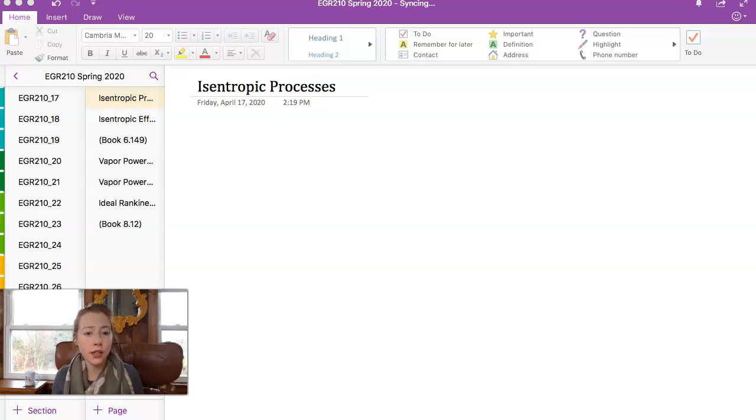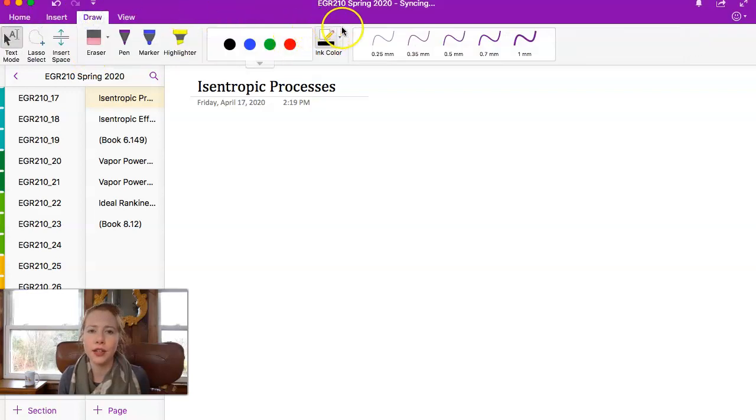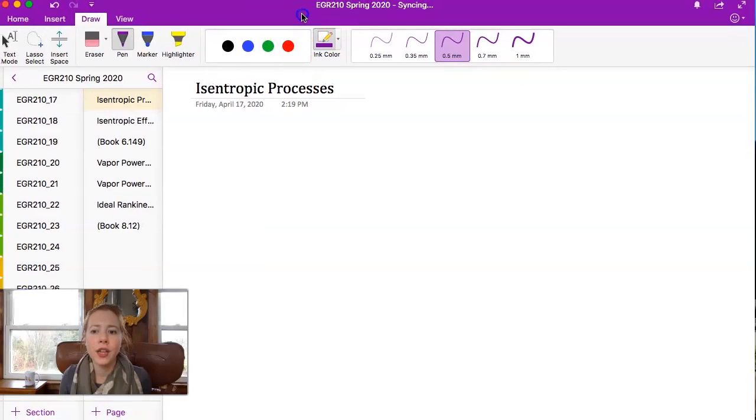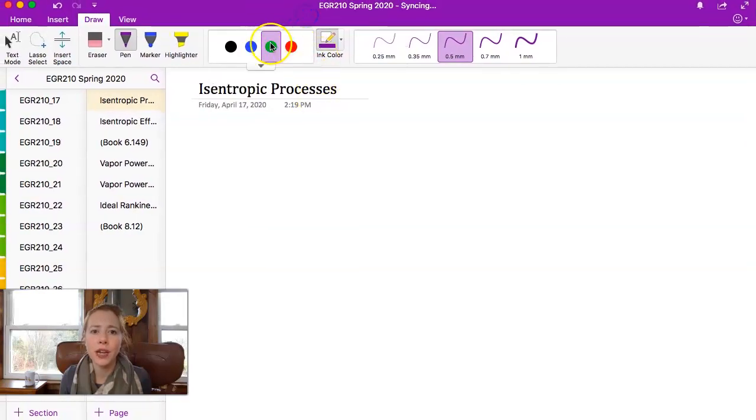And so we're going to continue on with isentropic processes. Remember, with isentropic processes, the change in entropy, delta S, is 0, or dS/dt is 0 if you have a control volume.